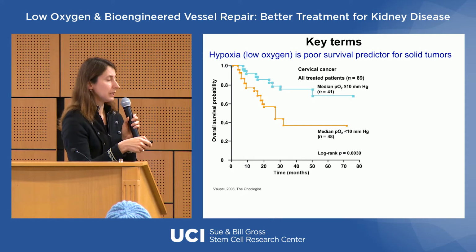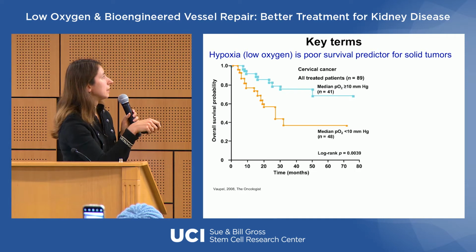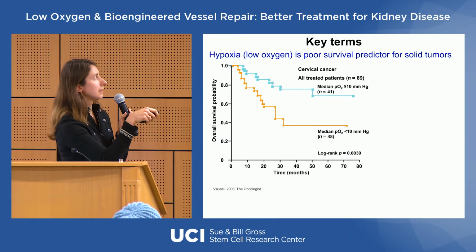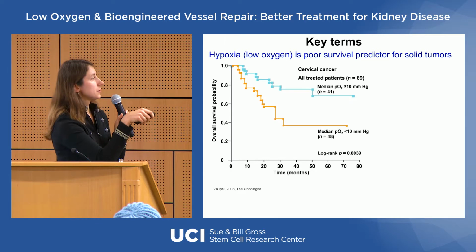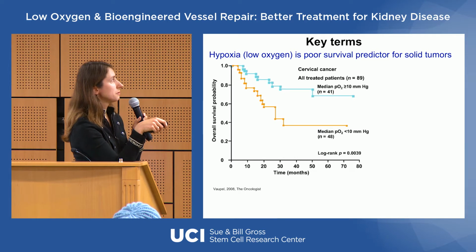So if you look at those curves, we do have here the overall survival probability. So here, 100% of patients live, and here, 0 patients live. And then this is time in months. So the upper curve, the oxygenation is high, so tumors are well oxygenated.